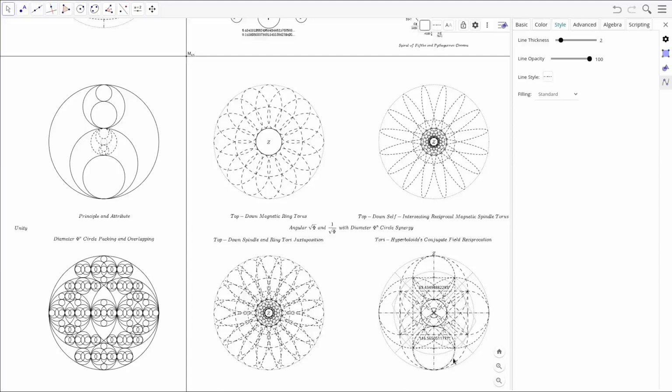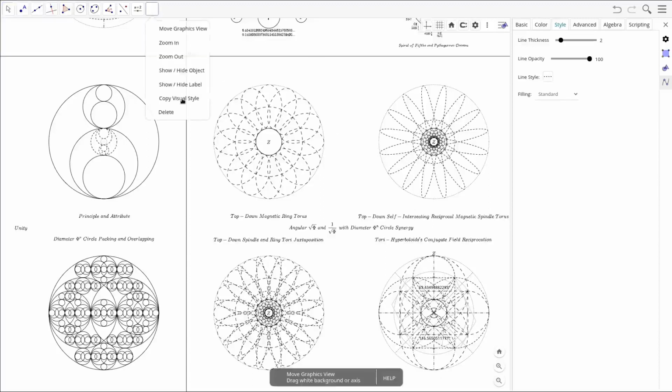Oh, did I make an error? I don't remember if this should have been the same as this. Let me just fix that right now.